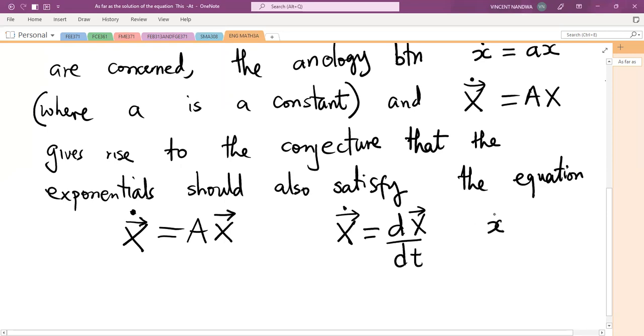When we write x dot, we mean dx dt. So dot means a derivative. If there are two dots, that is the second derivative, three dots, the third derivative, etc.